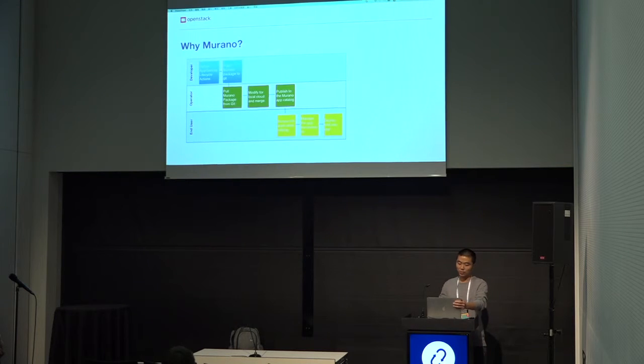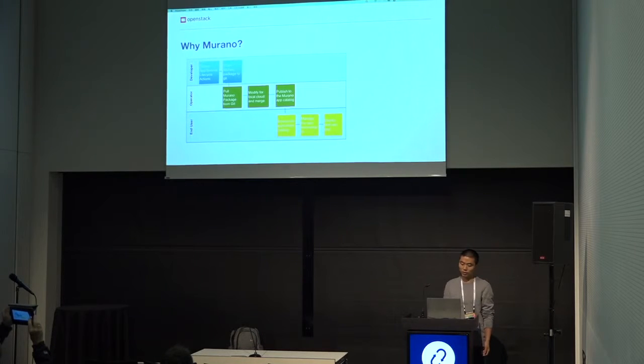There are three parts about this. First, they can separate third-party developers, app developers, app operators, and the end users. The developers define the app and the lifecycle action and push the Murano package to the Git.